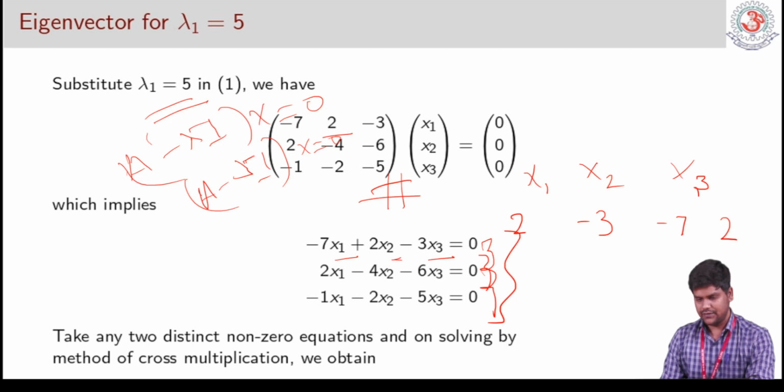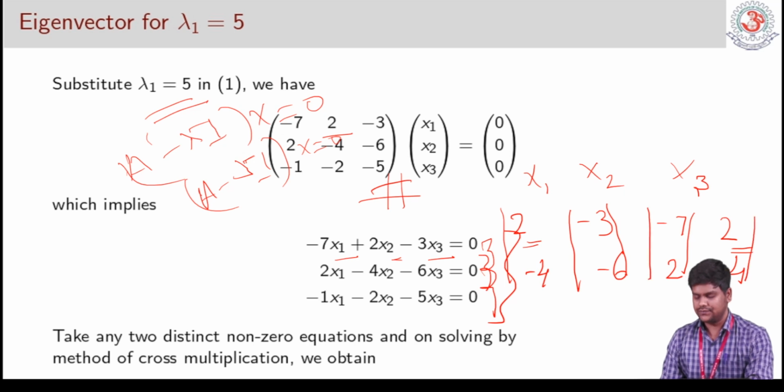Second equation: minus 4, minus 6, 2, and minus 4. We start with the coefficient of x2 and end with the coefficient of x2. To get the x1 value, take the determinant of this one. To get the x2 value, take the determinant of this one. To get the x3 value, take the determinant of this matrix.